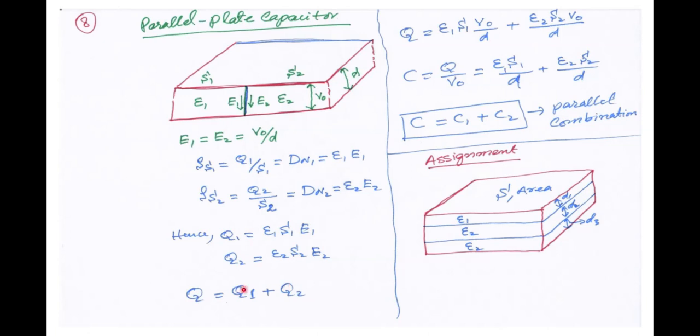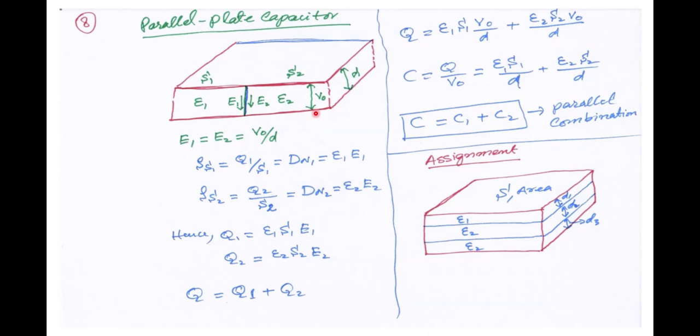Plugging in the analytical values of Q1 and Q2, we obtain the total charge. Rearranging this expression, we obtain the capacitance between the parallel conducting plates, in which the interface of the two dielectric materials is normal to the conducting sheet.